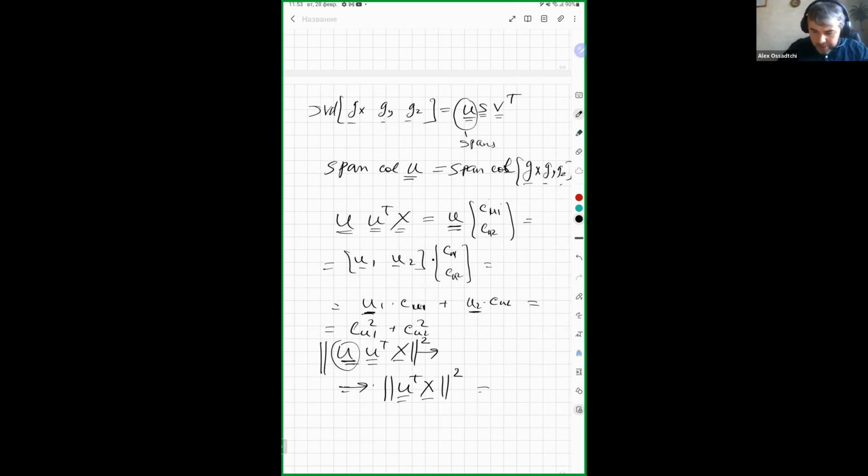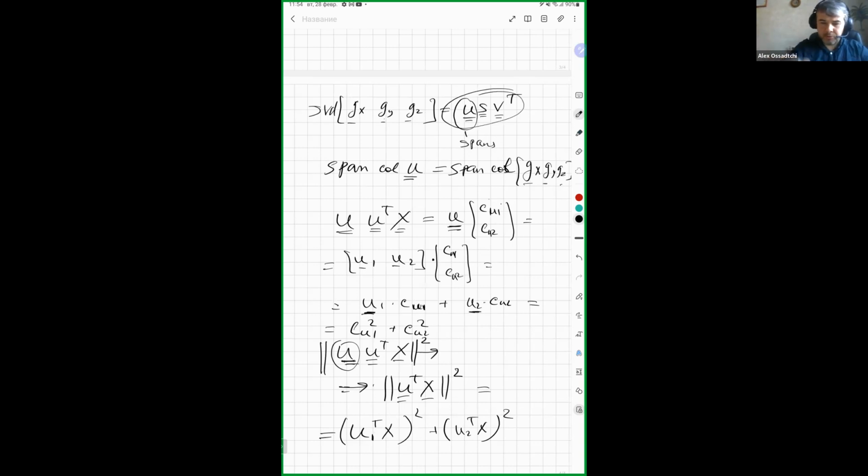You have two orthogonal vectors, so you have U1 transpose X squared plus U2 transpose X squared, and you want to maximize this. X you can't change. All you can do is change your G such that your U will be different.